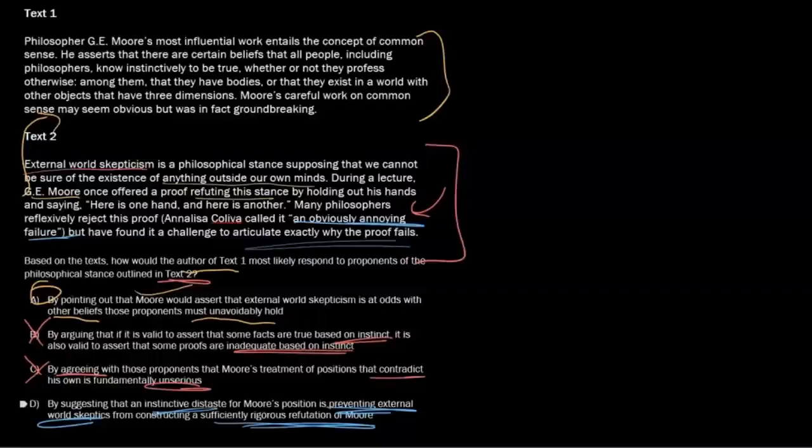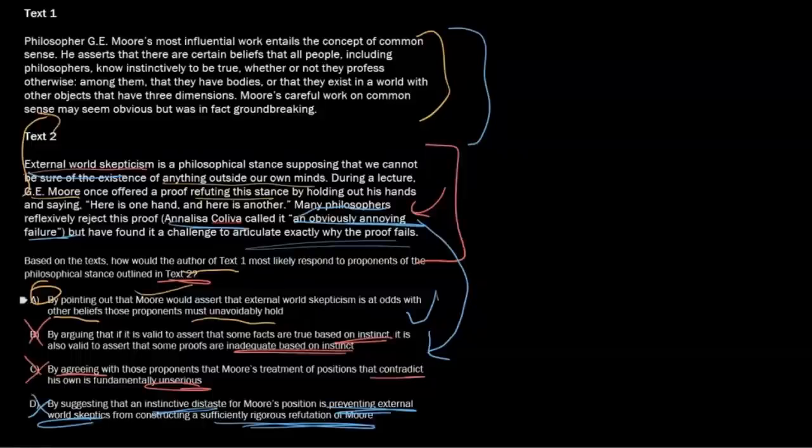Because although they are instinctively distasteful of it, external world skeptics aren't explicitly mentioned here. We don't know if she's necessarily specifically an external world skeptic because it just says many philosophers, right? And this is not what this author is arguing here. Okay, this is a better answer.